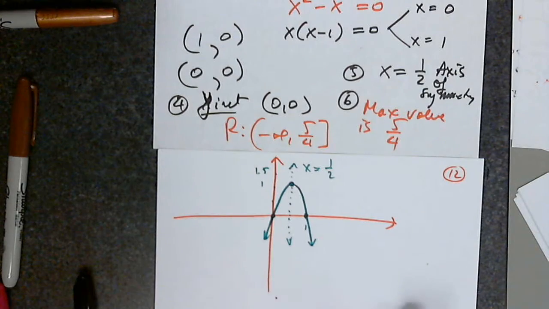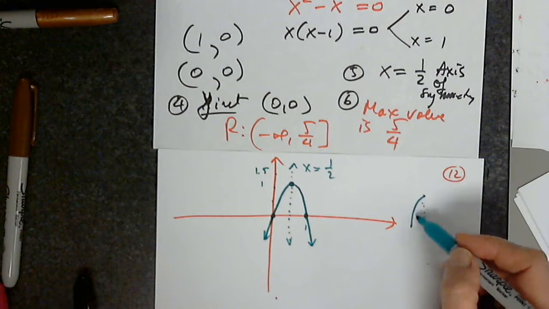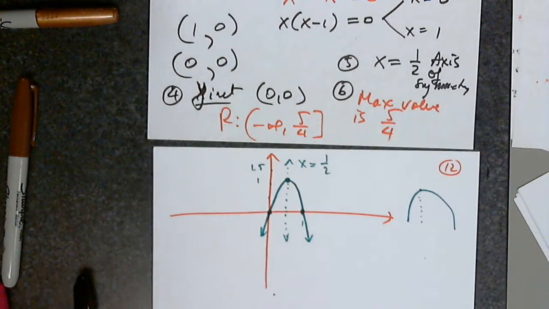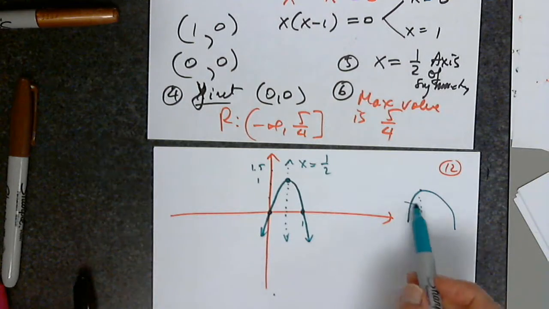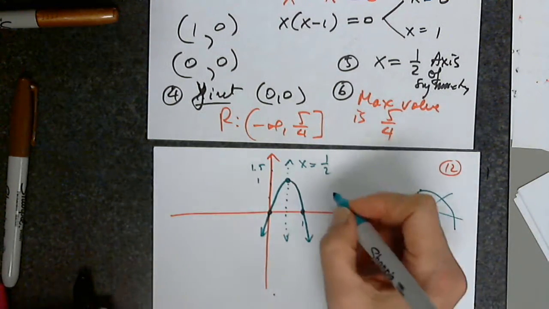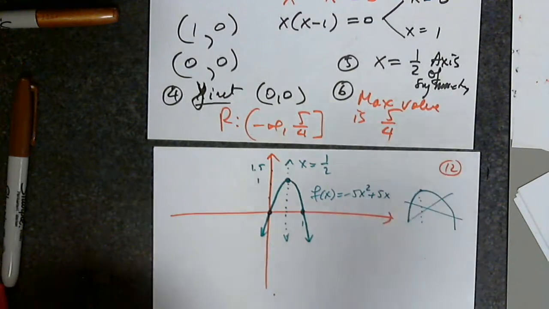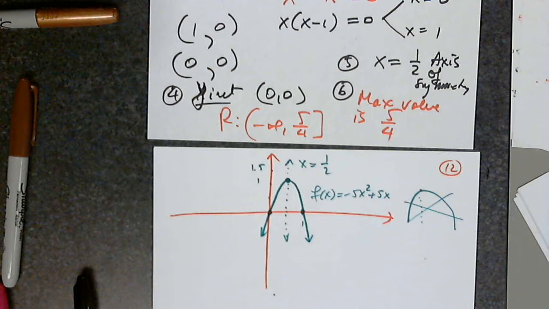Of course not. It's not perfect, but at least I don't want to see something like this. Okay, I will not look at it with a magnifying glass, but please make sure. So this is f of x, -5x squared plus 5x. I'd like to look at a couple of word problems, and then we'll come back to the other form.